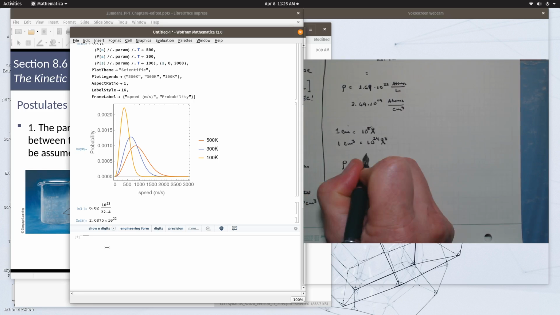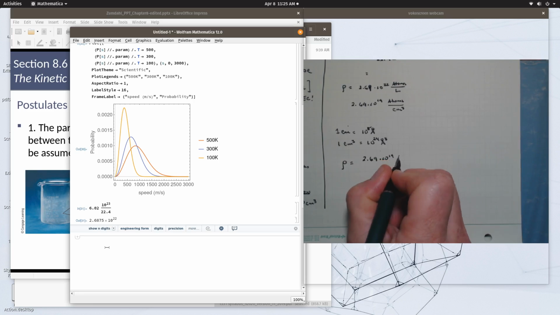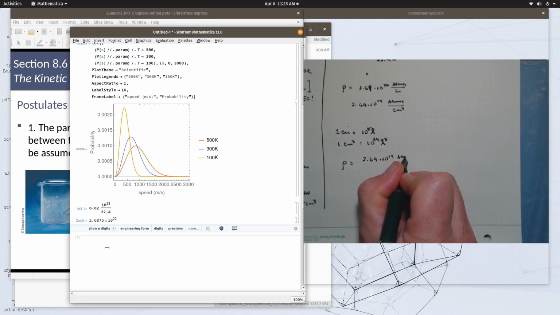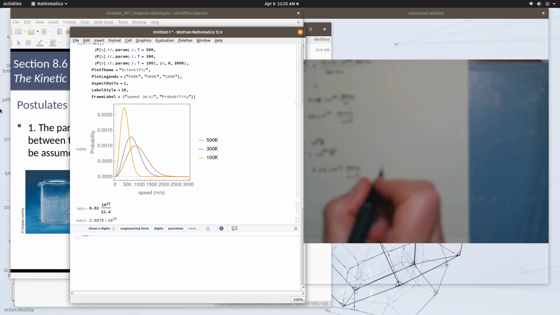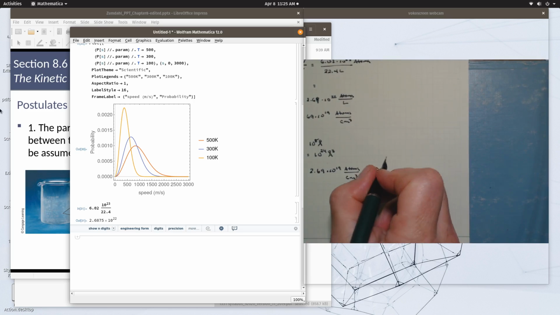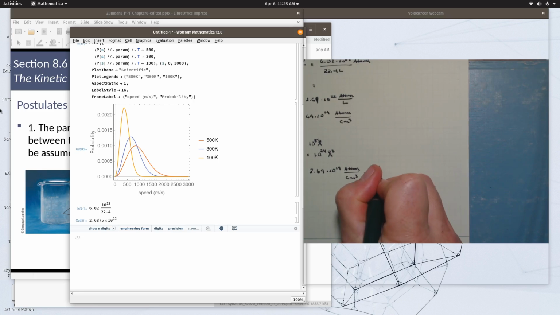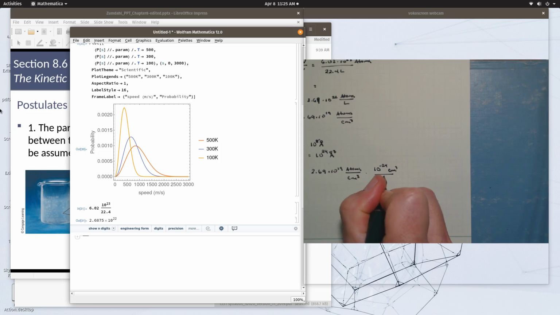Rho is equal to 2.69 times 10 to the 19 atoms per cubic centimeter, and then 1 cubic centimeter is equal to 10 to the 24 angstroms cubed. So I can put 10 to the minus 24 centimeters cubed per angstrom cubed.